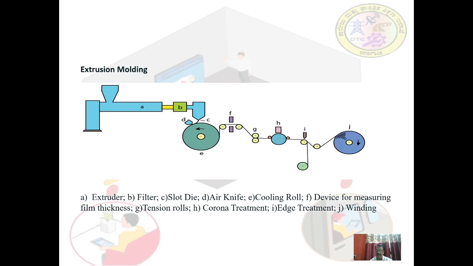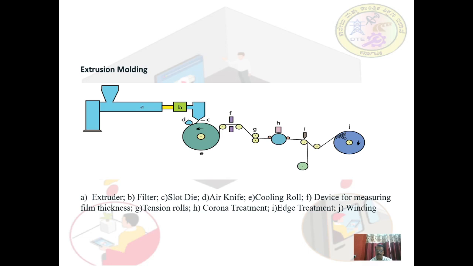The melt is filtered depending upon the desired purity, and then the filtered material is sent through the slots of the die. The width and thickness of the film are determined by the width of the die and the die gap respectively. The die gap can be further adjusted during the production.